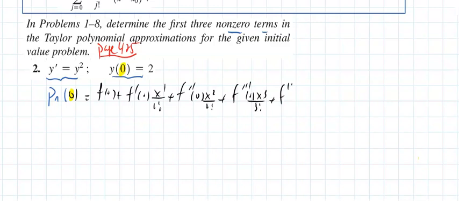Now how many of those do we need? Well, we just need to run until we get the first 3 non-zero terms.